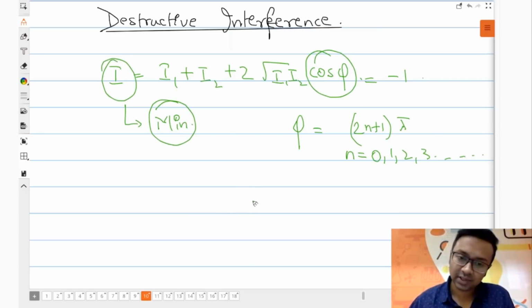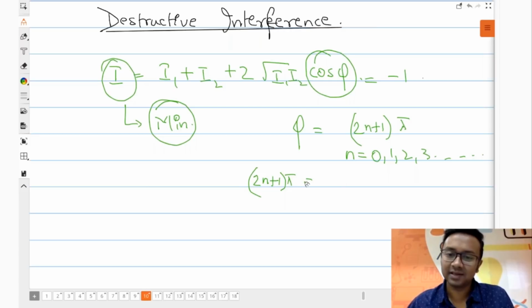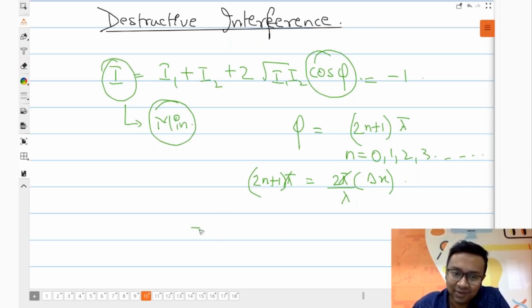Then students, phi is nothing but 2 pi by lambda into delta x. So we have phi, that is 2n plus 1 into pi, equal to 2 pi by lambda into delta x. So pi is going to cancel, which implies your delta x is going to be 2n plus 1 into lambda by 2.